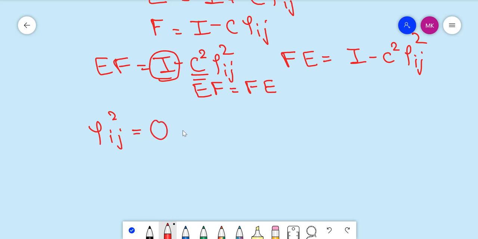Only then will our claim that EF and FE equal I be proved, because row ij square, if proven to be 0, will eliminate this c square row ij square term from both sides. So we need to prove row ij square equals 0, but we also had this condition that i is not equal to j, because we are not talking about the scaling operation. If i is equal to j, it would correspond to the scaling operation.